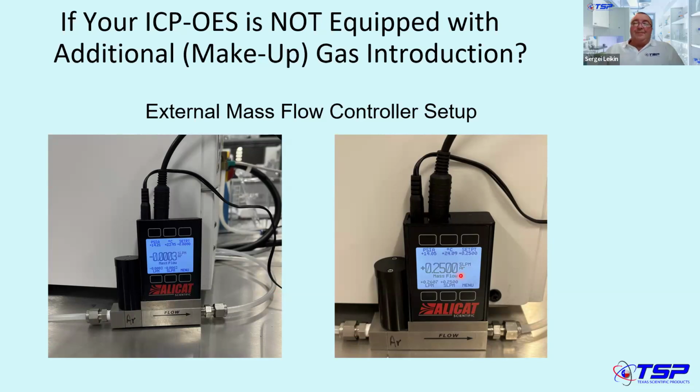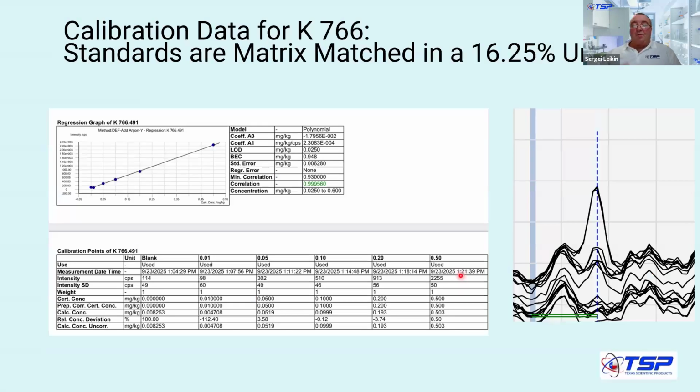So when we look at some data, what was the outcome? Recently the detection limits became more stringent for these DEF fluids, and one of the critical elements is potassium.